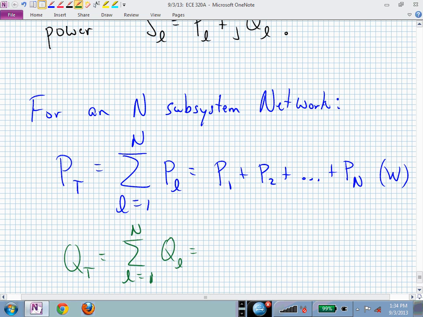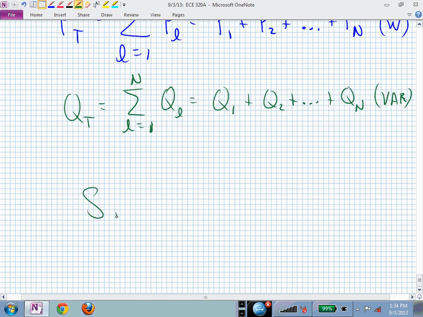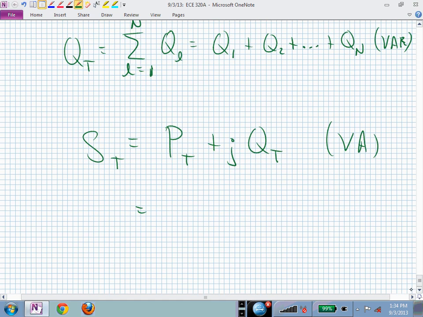And those could be different signs. You might have some positive Q's, you might have some negative Q's. You just keep track of the signs algebraically. That has units of VARs. And the total complex power of this entire network of capital N subsystems is now just P sub T plus j Q sub T.